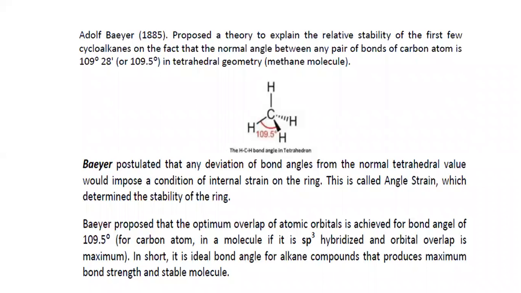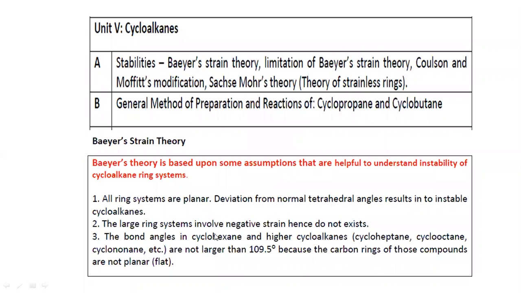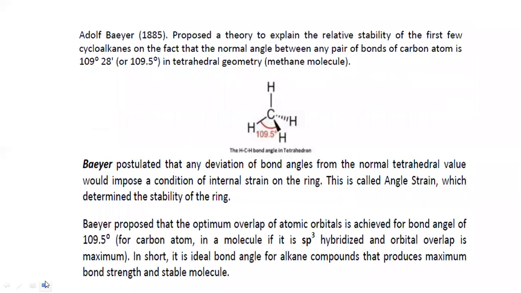Now, these are the postulates of which theory? Bayer's strain theory. How many postulates are there? Three. Now, we'll discuss individual postulates in detail.